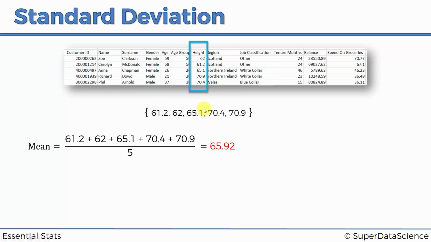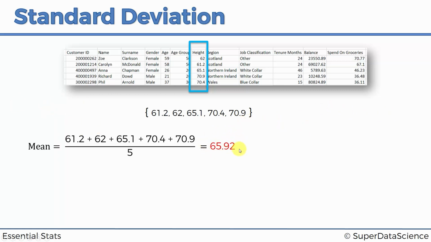We could still get the same mean sitting over here, but they could be all the way down to 40 inches and all the way up to 2 meters, 6 foot something. I'm not that good at converting these, but let's say up to 80 inches. So you could have the same mean, but your data could be spread out way further. It could be all the way from 40 to 80 inches, or more or less.